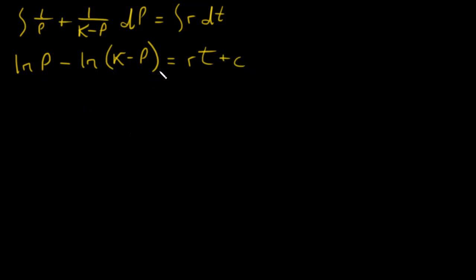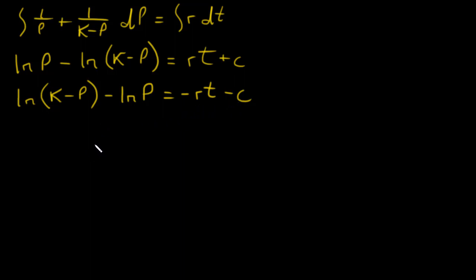Okay, the next thing I'm going to do is multiply every single term by a negative sign. And if I do that, then this term here will become positive and this will become negative. So it will allow me to swap the order. So I'll have the natural log of k minus p minus the natural log of p equals negative rt minus c.